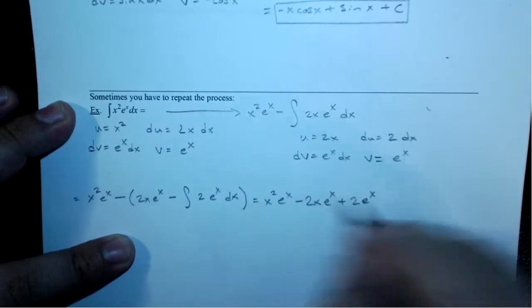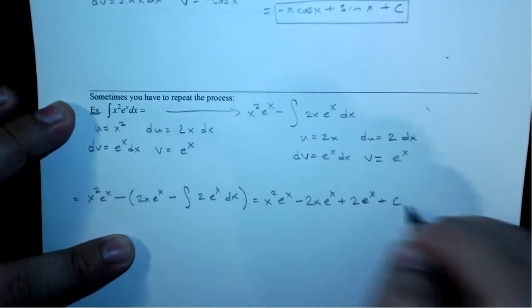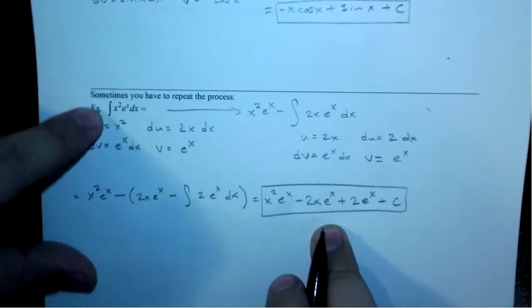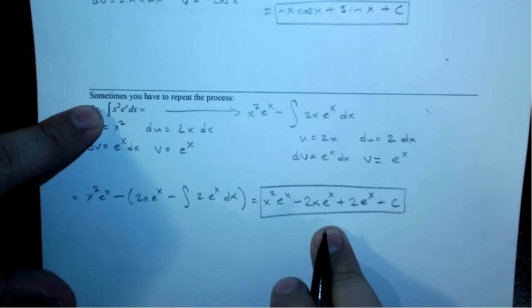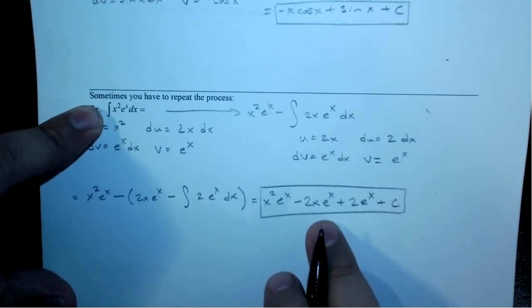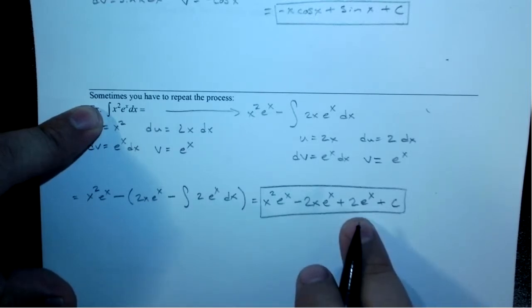The dx goes away. And last but not least, our plus c. So our integral of x squared e to the x dx is equal to x squared e to the x minus 2x e to the x plus 2e to the x plus c.